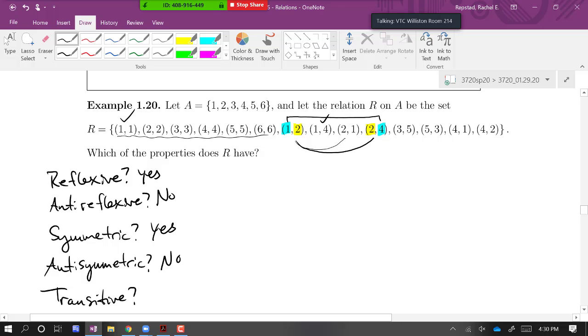You could keep going. 1, 4 is in there, and 4, 1 is in there, so then again we'd be looking for 1, 1. It doesn't take that long. It's a little bit tedious, but if you check, we do in fact have all of those pairs that we need. So this is transitive.